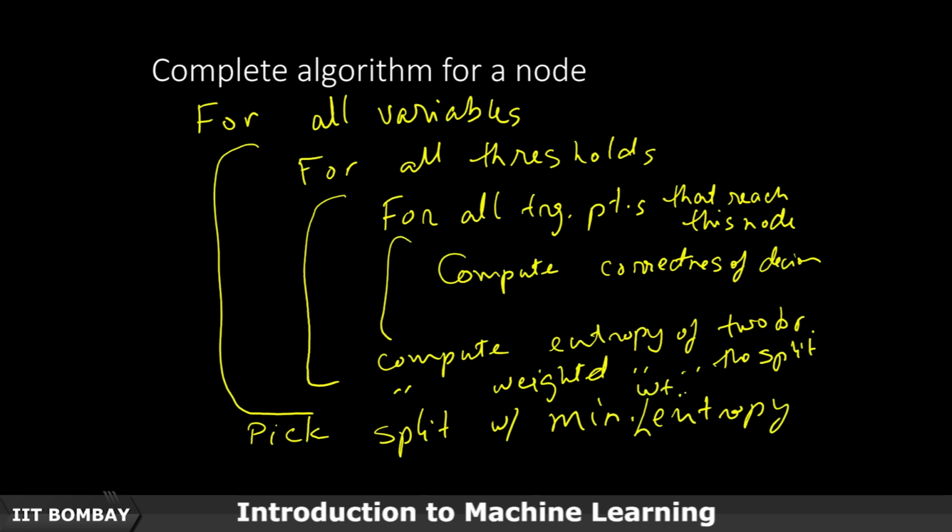Okay, so that is our complete algorithm for a particular node, and we will keep repeating it until one condition, a termination condition that I have not written: check if the weighted entropy is minimum, which means that everything is pure. If everything is pure, then we will not split, otherwise we will recursively split.